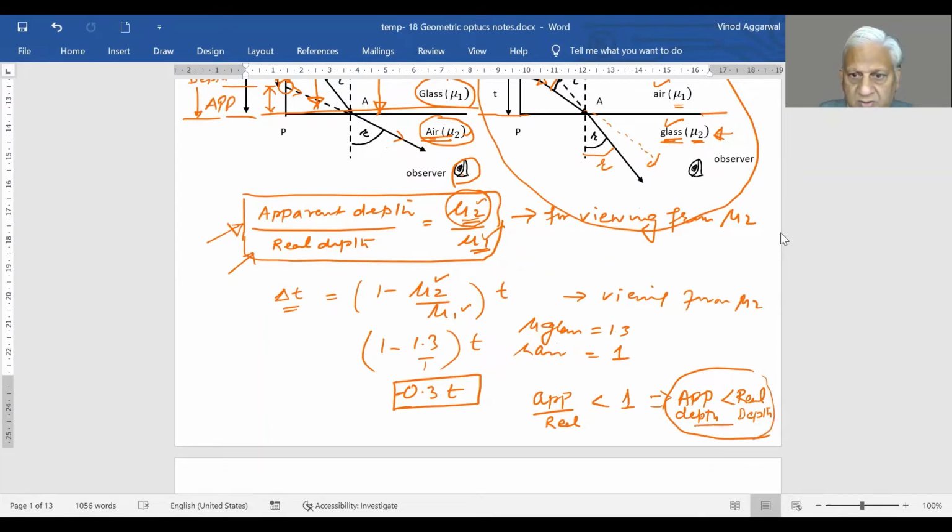So the object looks nearer to the observer than it actually is.